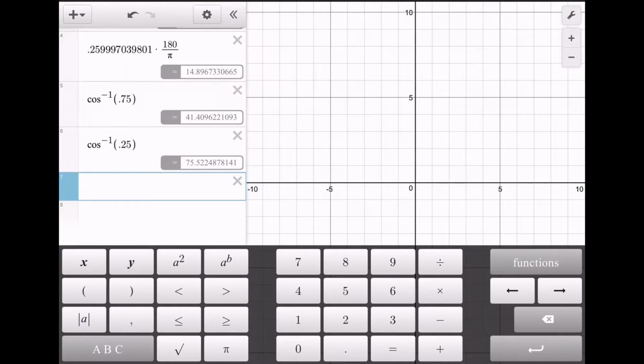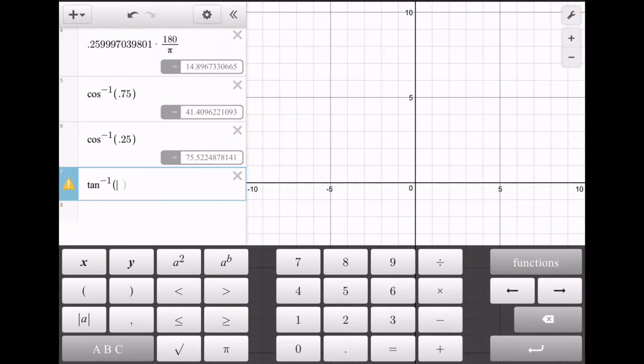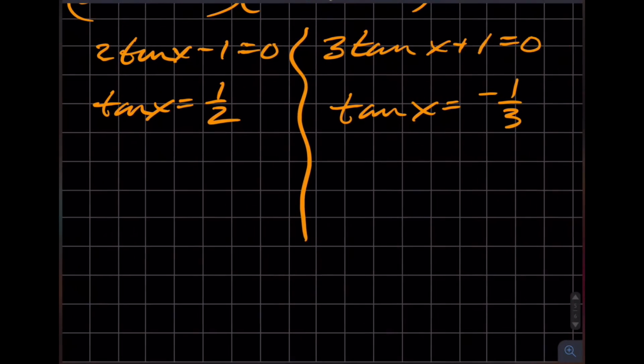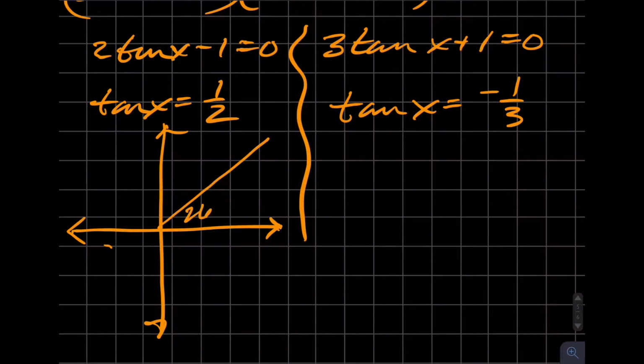And so we want to take the inverse tangent of 1/2. So this is the inverse tangent of 1/2, and I get 26.56 degrees. This is one quadrant where tangent is positive.